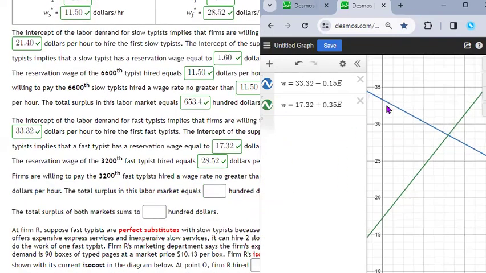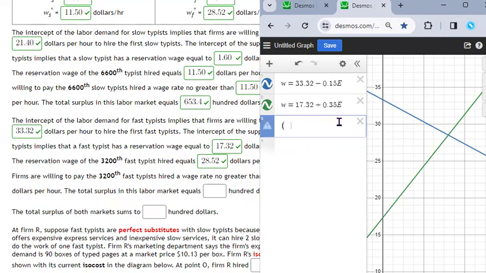The surplus is the difference between these two intercepts and the difference between 32 and 0. 32 minus 0 is the width of the triangle, and the difference between the intercepts is the height of that triangle. We have to divide that product by 2.